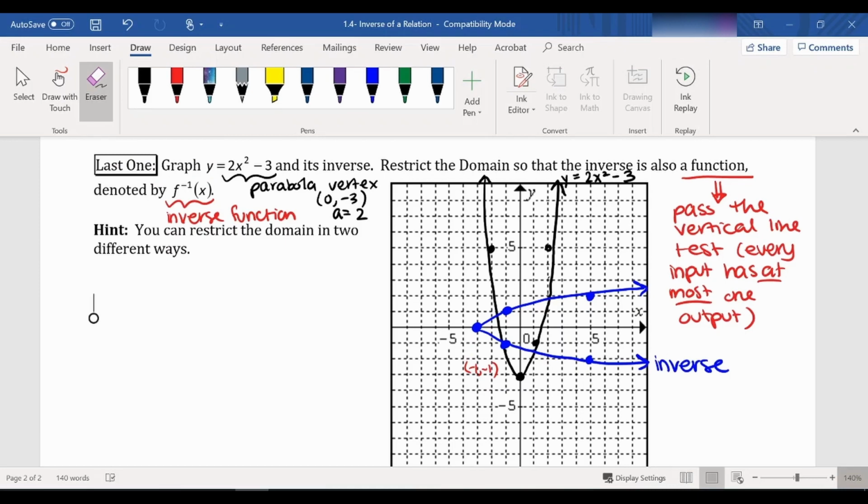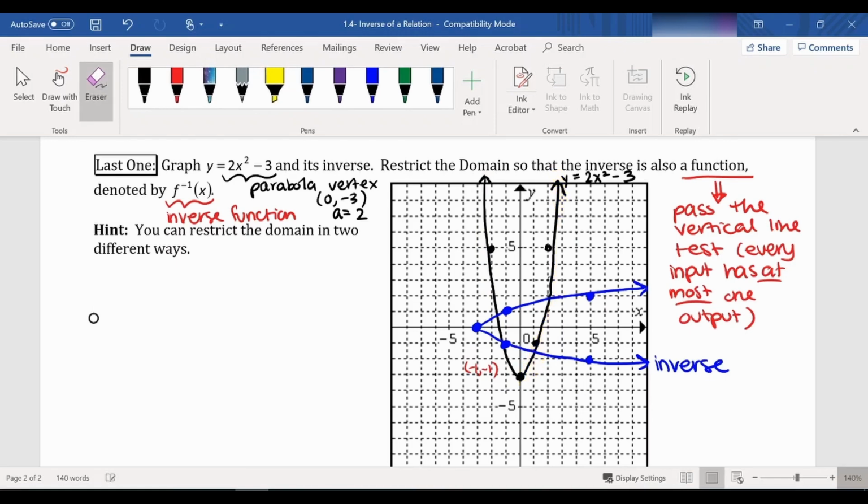So if we have only the top part or only the bottom part, that would mean on the original function, we either have only the left or only the right.